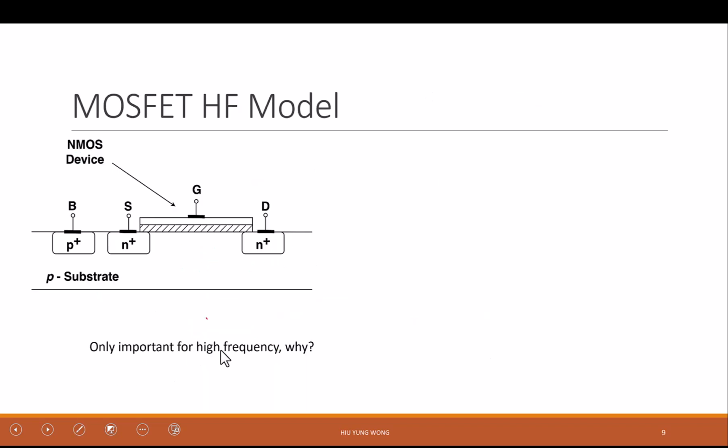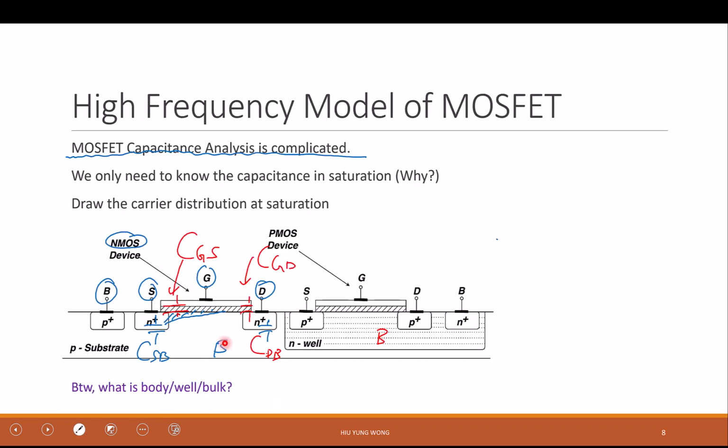Now, when I discuss the capacitor, I need to draw the geometry. Then it means that at different operation regions, I have different capacitors. For example, when it is in linear mode, the channel extends all the way to the drain. Then for modeling purposes, we will have CGS and CGD the same.